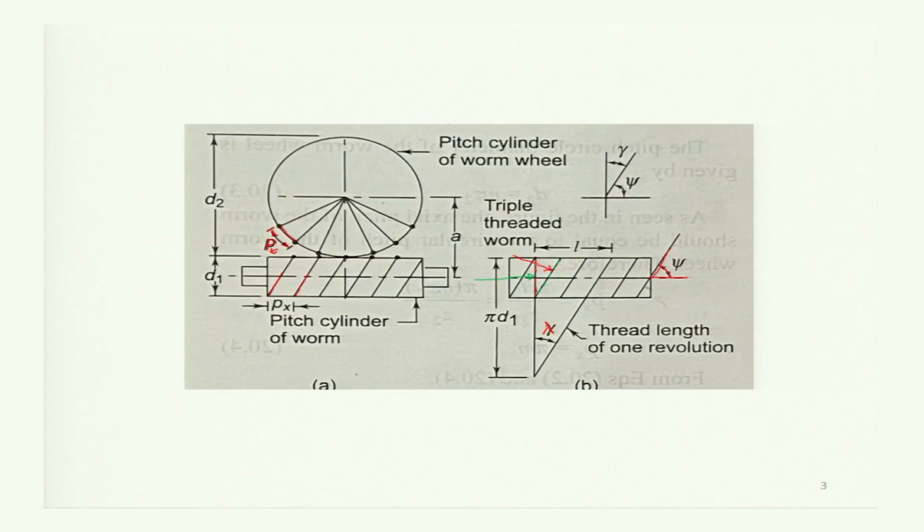Now a spur gear would have a thread like this, and so this may be called the Wn for the case of spur gear, and this is the direction of Wn for the case of worm.